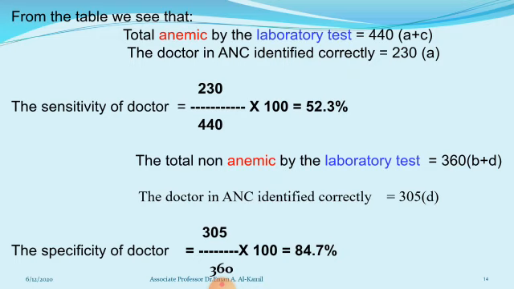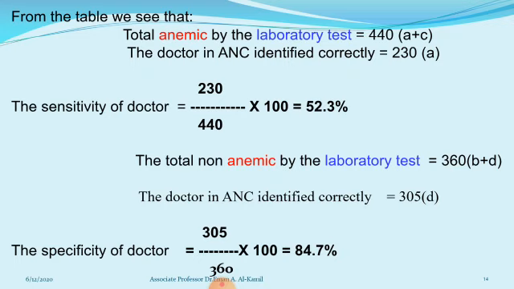While the specificity equals the true negative, which is D, 305, divided by the 360, which includes B plus D, the true negative D plus the false positive B, multiplied by 100, which equals nearly 85%.